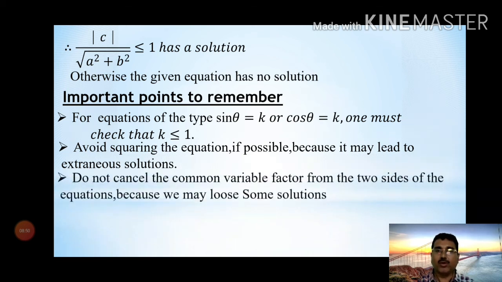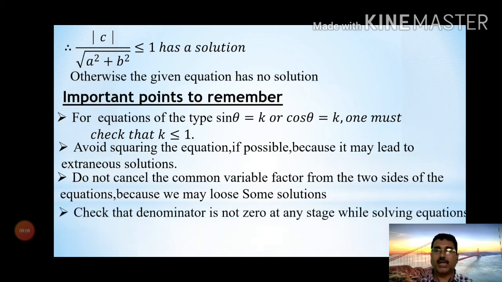Therefore, do not cancel the common variable factor from the two sides of the equation, because we may lose some solutions. Now go to the fourth point. Always make sure the denominator is not 0 at any stage while solving equations.